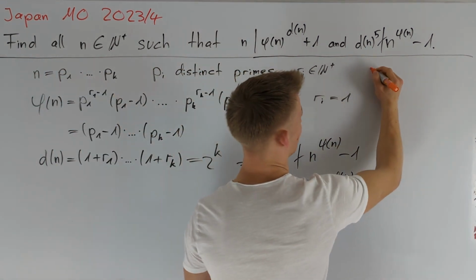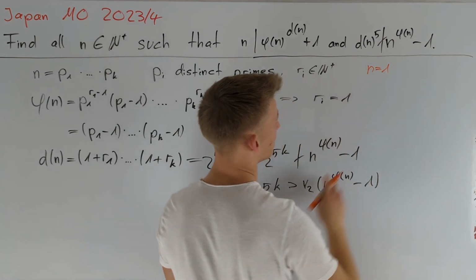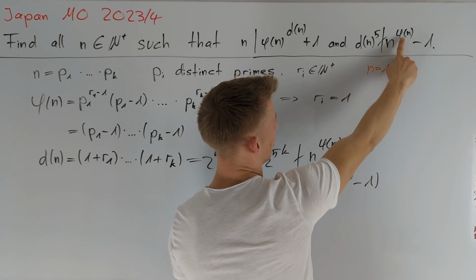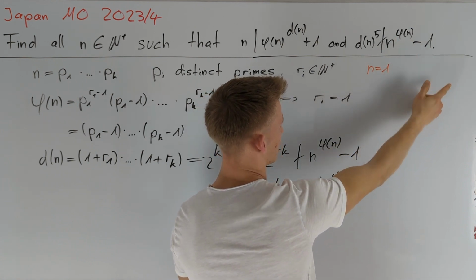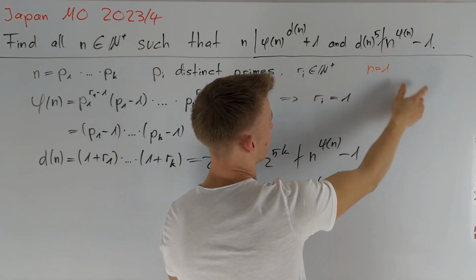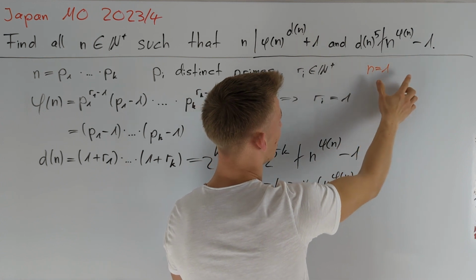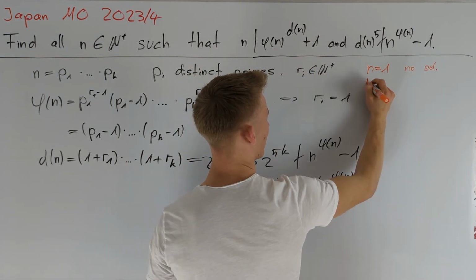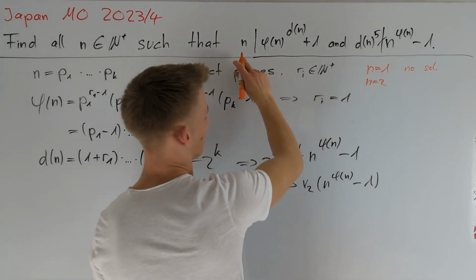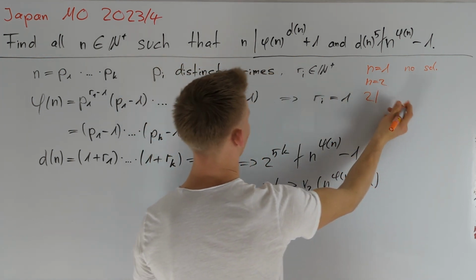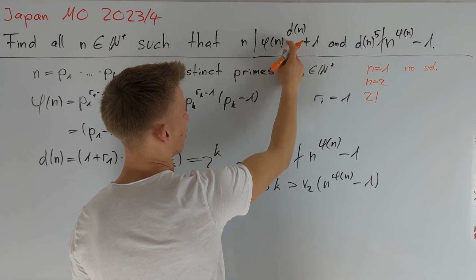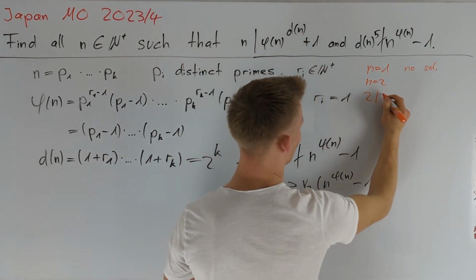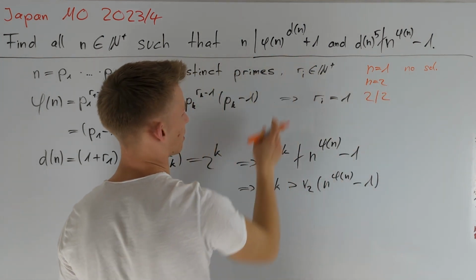If n is equal to 1, we see that the right hand side in this condition is equal to 1 to the power of phi of 1 minus 1, which is equal to 0, and therefore this condition can't be true because everything divides 0, so n equals 1 is no solution. For n equals 2, we get that 2 must divide phi of 2, which is 1, to the power of d of 2, which is 2, so this right hand side is 1 and the first condition is correct.